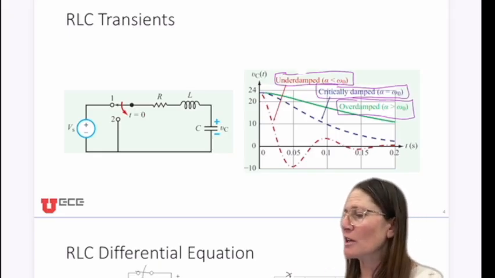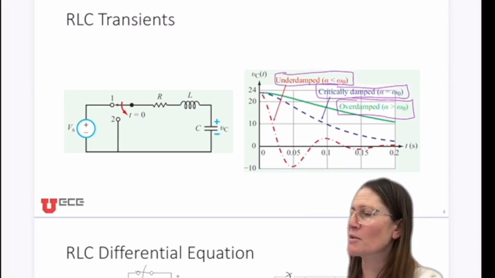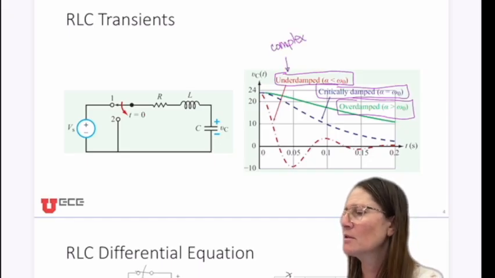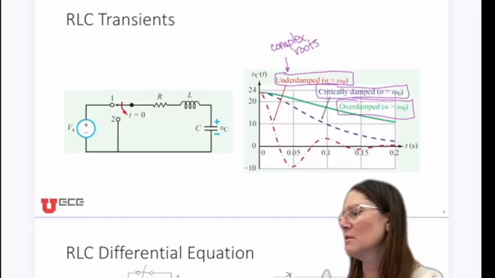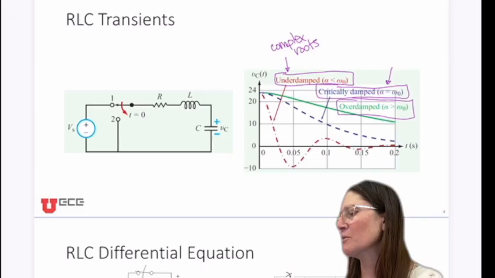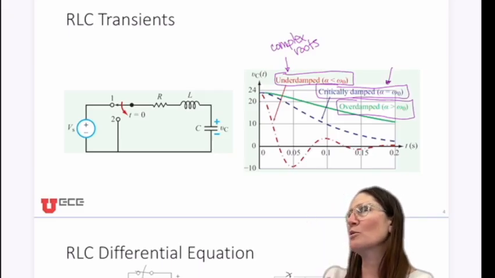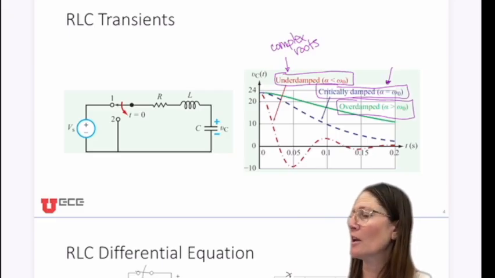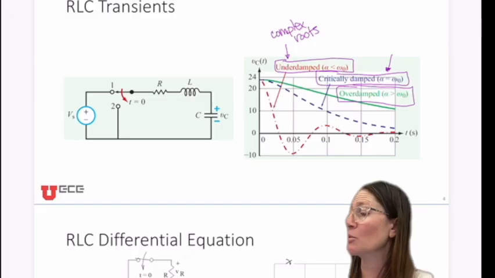When you get underdamped, this means that your roots are complex. For critically damped, that means you have 2 of the same roots, so they're equal.